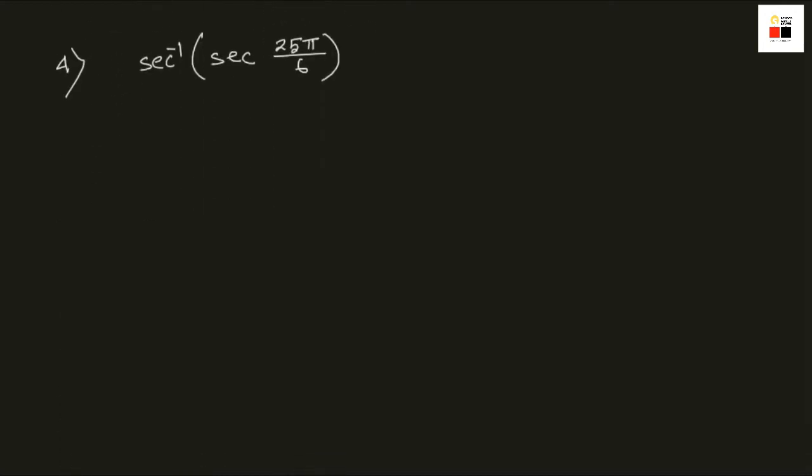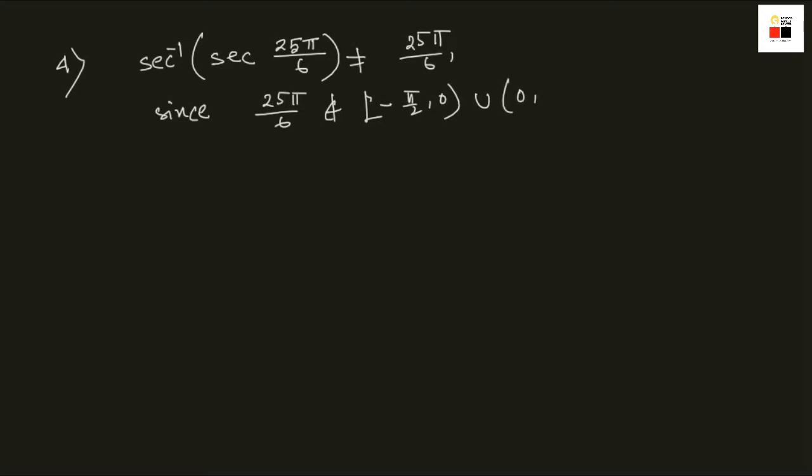Next problem is sec inverse sec 25 pi by 6. This is not equal to 25 pi by 6, since 25 pi by 6 does not belong to minus pi by 2 comma 0 union 0 comma pi by 2.